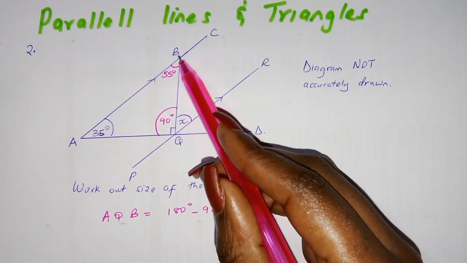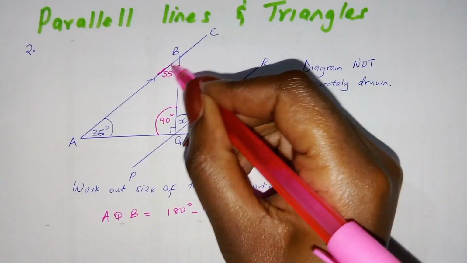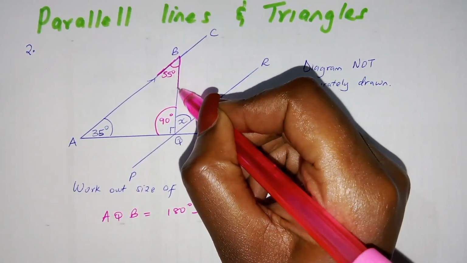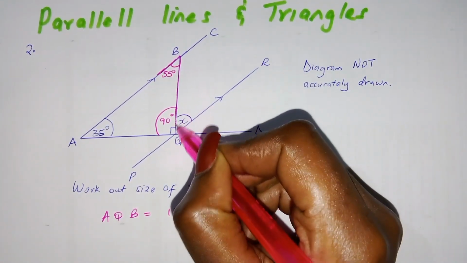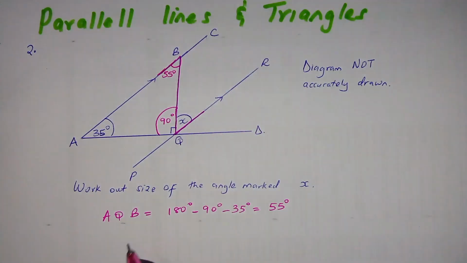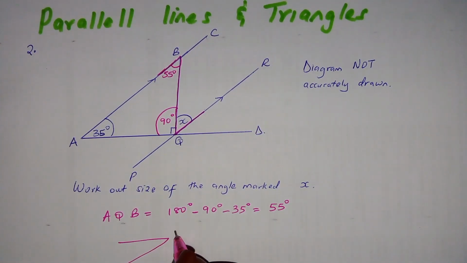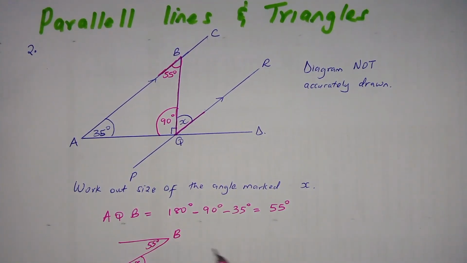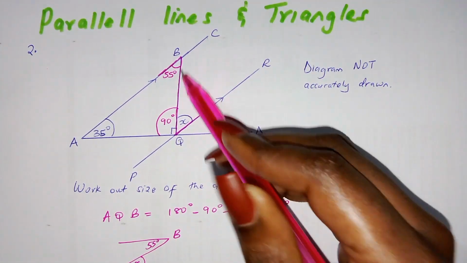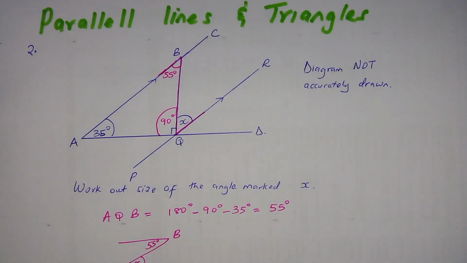Now when you look at this one, if I can trace it out, you have a Z angle here. So if I can trace it out, we have B and we have Q, and this is X. This is 55. So these two are alternate angles, so you're going to see that X equals 55 degrees.